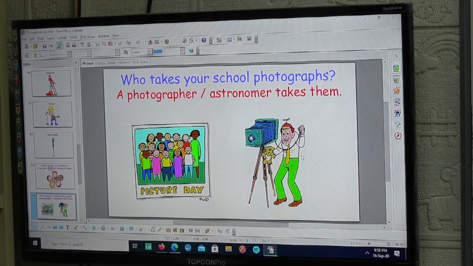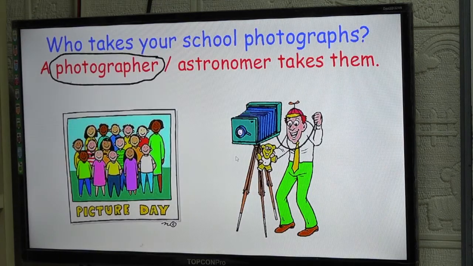Photographer. Alright, circle the answer first. Then we can talk about it. Alright, a photographer. What does a photographer do? Takes photographs, right? Who takes your school photographs?